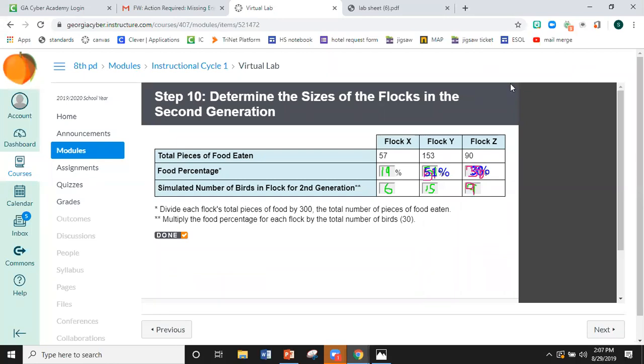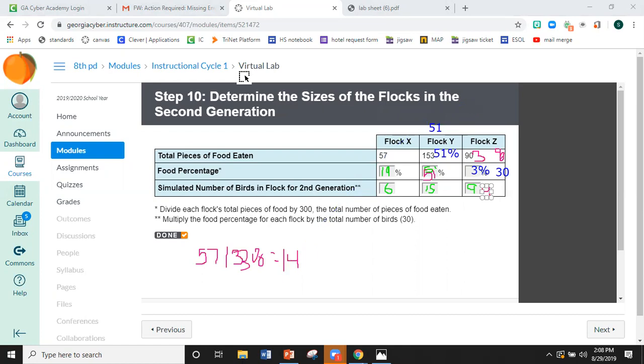All right, I tried to move these over the best I could so we could read everything.